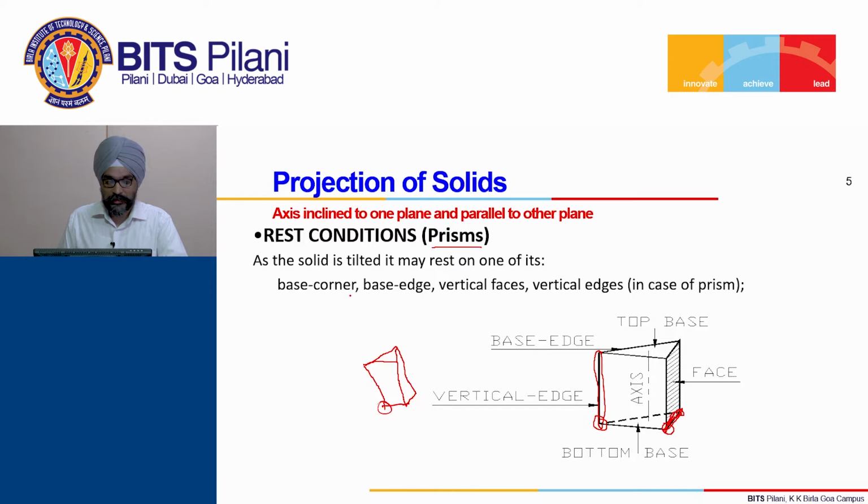For prisms, if this nomenclature is used, the understanding should be that the vertical face is this one, and this one, which I told earlier, is the vertical edge. These are a few of the possibilities in the case of prisms.